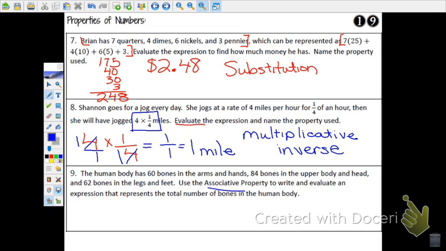So if we look back at that associative property, what does that associative property do? So we can keep that in mind when we write our expression.